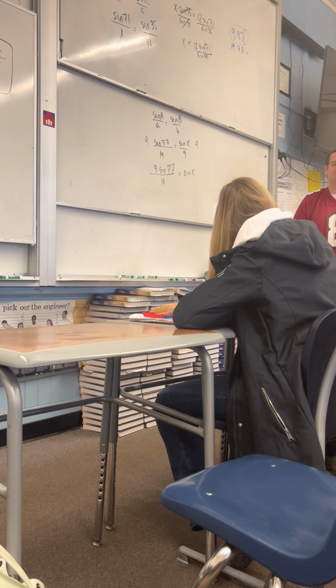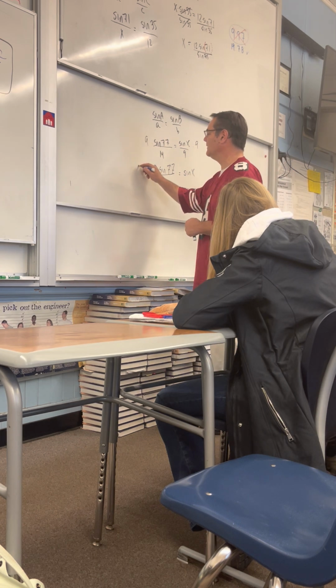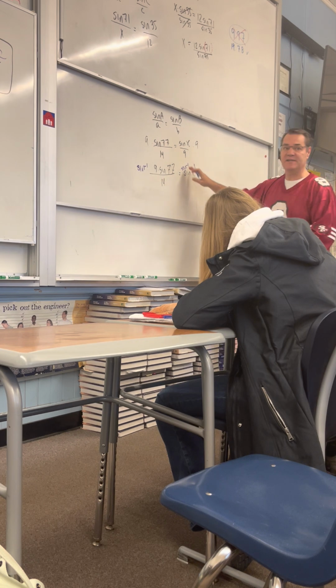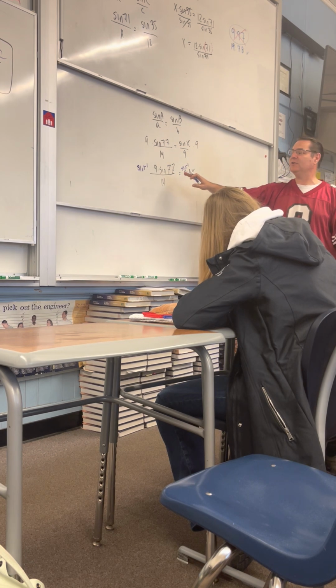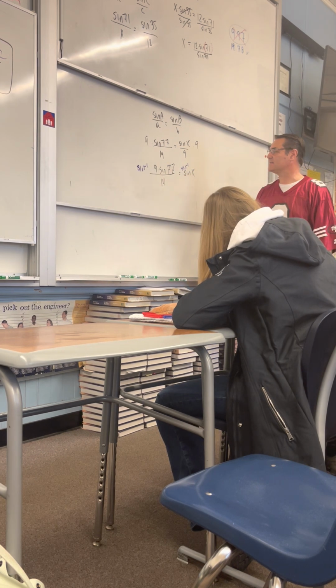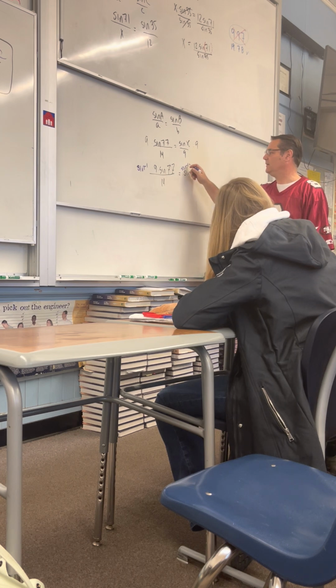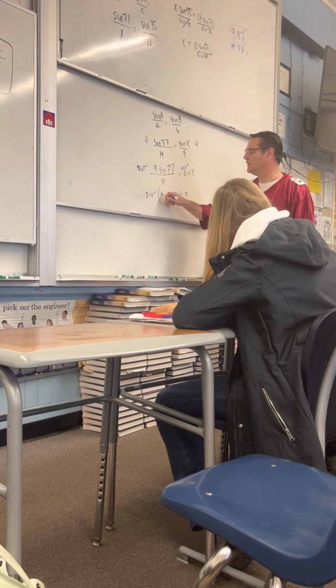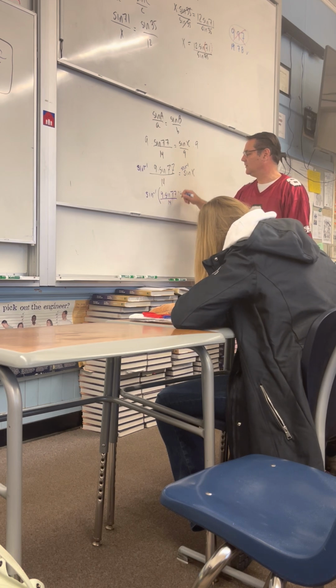Sine to the negative 1 exponent, called the inverse sine. And if I do it to one side to get rid of the sine, I have to do it to the other side to keep the equation balanced. When I do it over here, it cancels, leaving just x. And over here, I'm going to get the inverse sine of 9 times sine of 77 over 14.